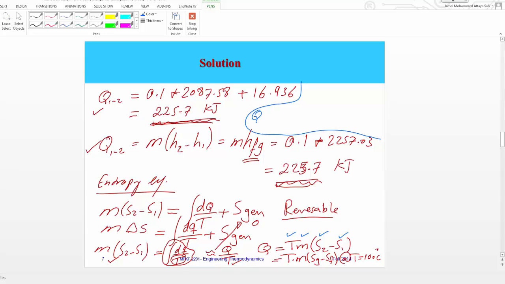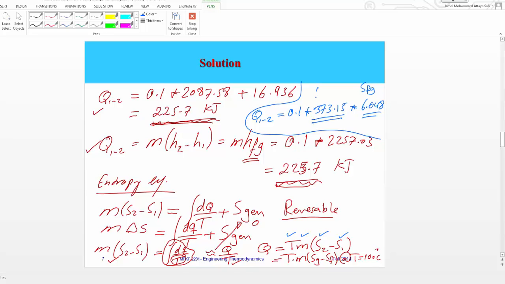Q1 to 2 is equal to 0.1 multiplied by 373.15 multiplied by 6.048. This is Sfg, which you read from the table.